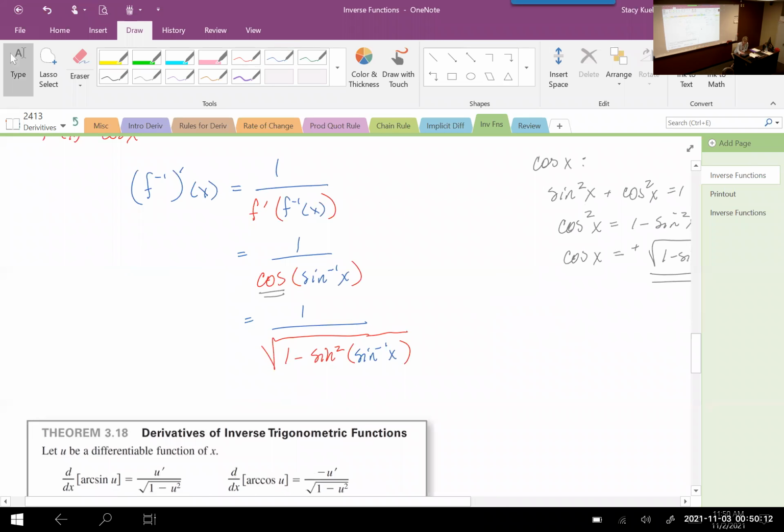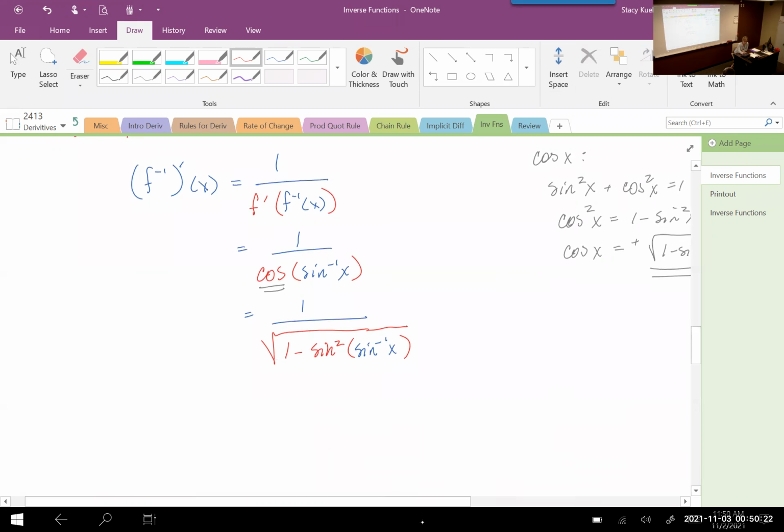So how do I go about simplifying this further? Let me rewrite this so that we get rid of some of that, and it's a little cleaner under the radical sign. This is the same thing as 1 over the square root of 1 minus the sine, inverse sine x, squared.